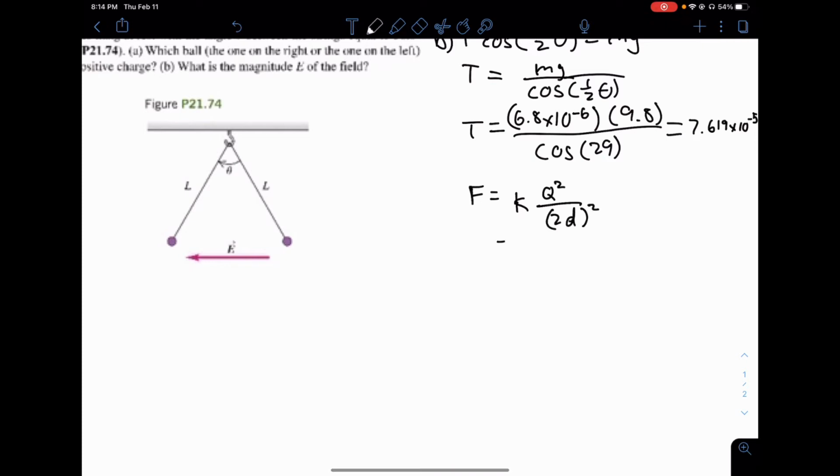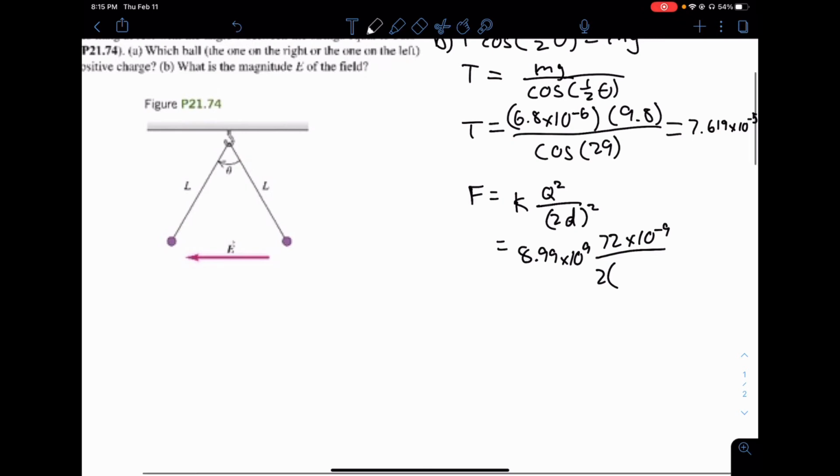Plugging that in is going to give us 8.99 times 10 to the 9 times Q, which is 72 times 10 to the minus 9, over 2 times the length, which in this case would again be represented by half the angle.